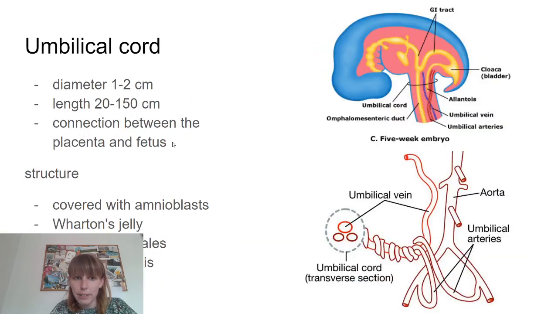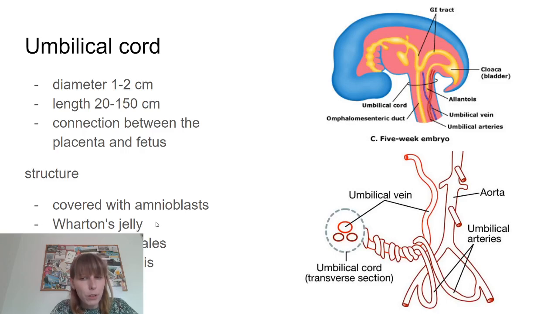And when we take a look at the cross section of the umbilical cord, we will see that it's covered with the amnion, so amniotic cells, in this case amnioblasts. It's the same as fibroblasts, it's just a cell of the amnion, and it will be lining the whole umbilical cord. So this blue layer could be it.